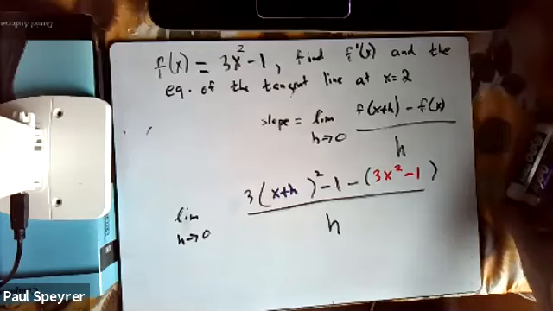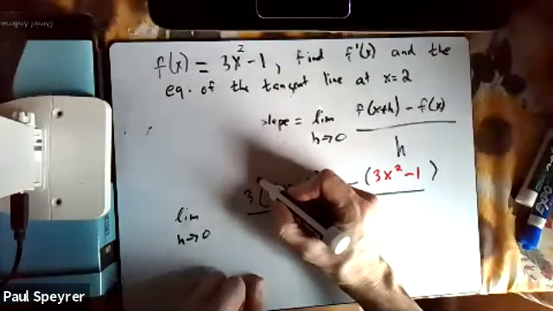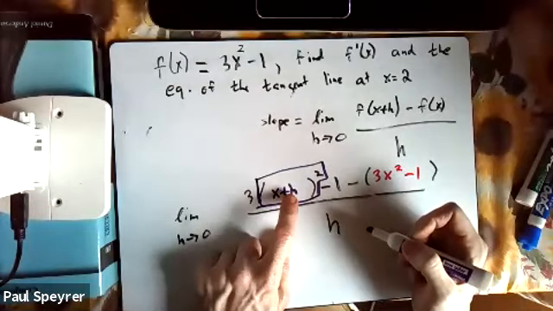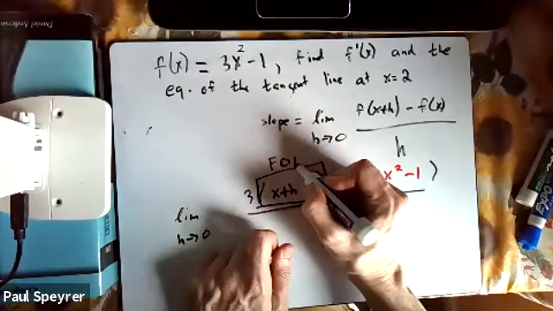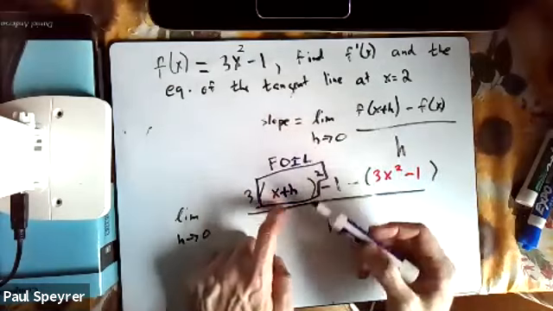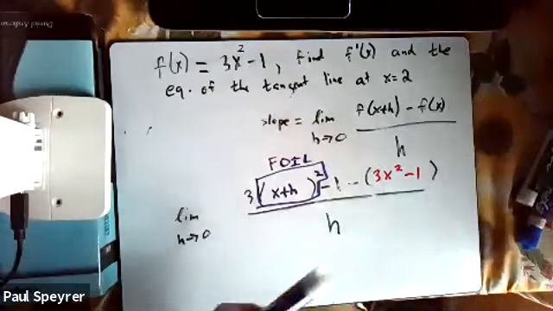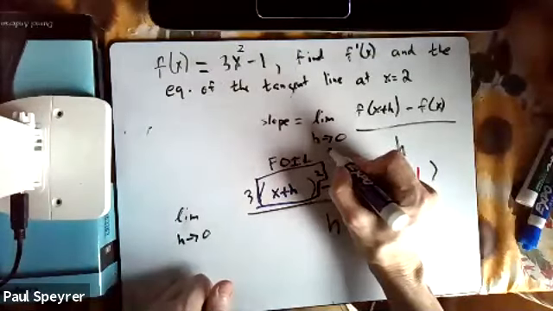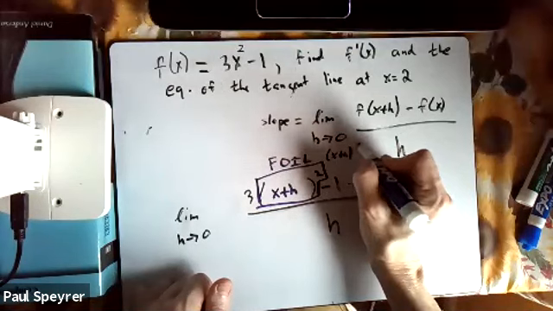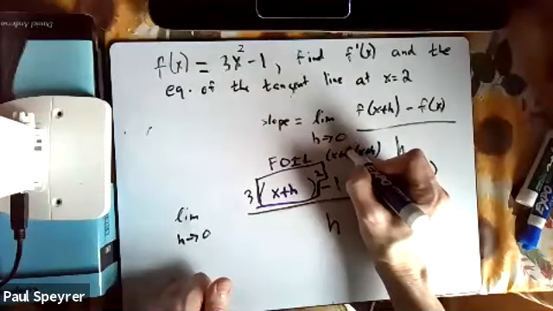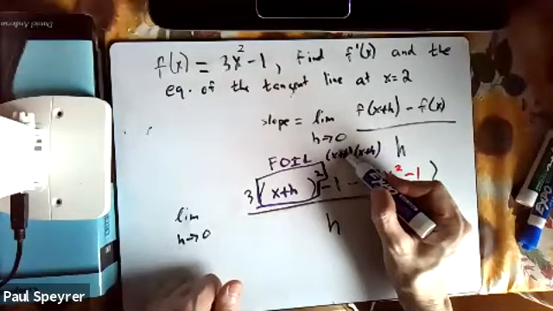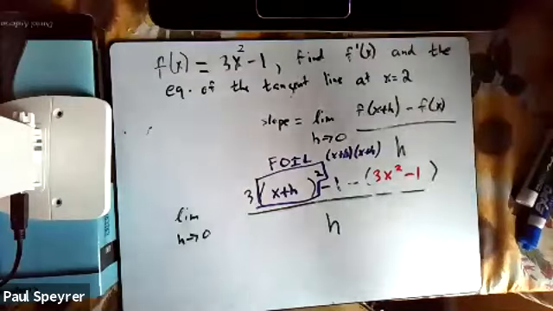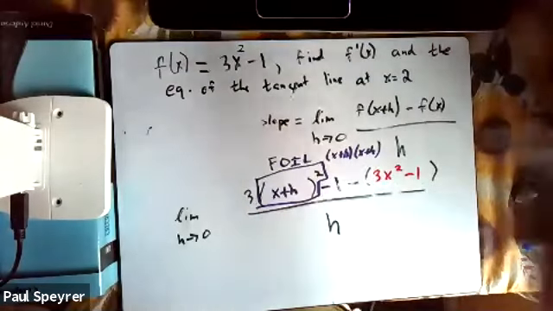Like let's FOIL this out, right? Remember, this is FOIL right here. This is not just x squared plus h squared. You need to FOIL this thing. First, outer, inner, last, you have to expand it out, right? That's x plus h times x plus h, if you forgot that. Expand it out twice to remind yourself, oh yeah, I am foiling. Again, it is not just x squared plus h squared. You have to do first, outer, inner, last.